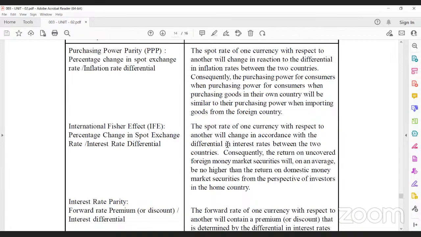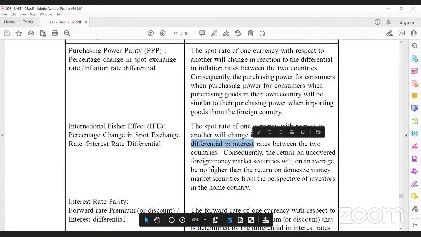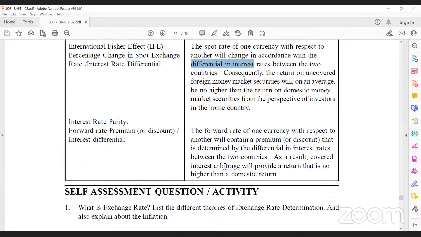Under IFE, it is the same spot rate, the same currency between two countries, but the main ingredient is interest rates. There it is the differential in inflation rates; here it is differences in interest rates. And when we look at IRP, what is IRP? The forward rate of one currency.